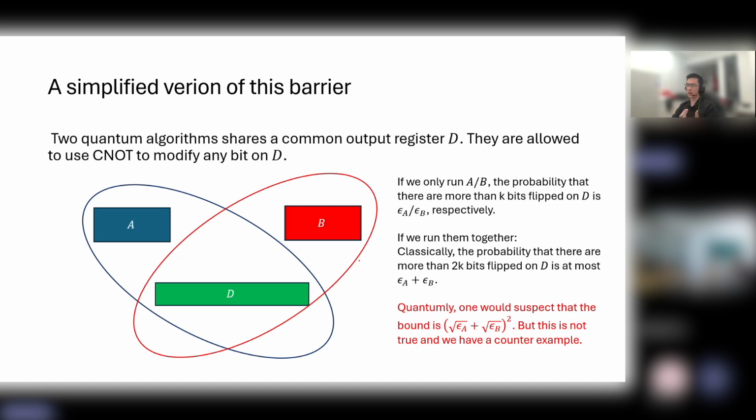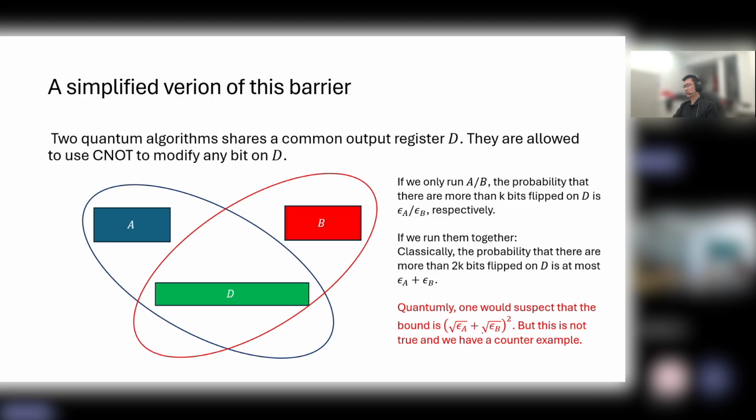If you only run A, then with probability epsilon A, there are more than k bits flipped on D. If we run them together in the classical case, then we obviously get the union bound type of result: the probability that there are more than 2k bits flipped on D is at most epsilon A plus epsilon B. Quantumly, one would suspect that the bound would be something like square root epsilon A plus square root epsilon B, squared. The idea is adding amplitudes up.